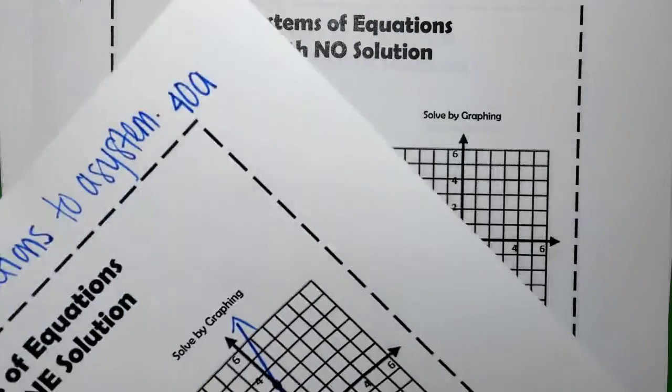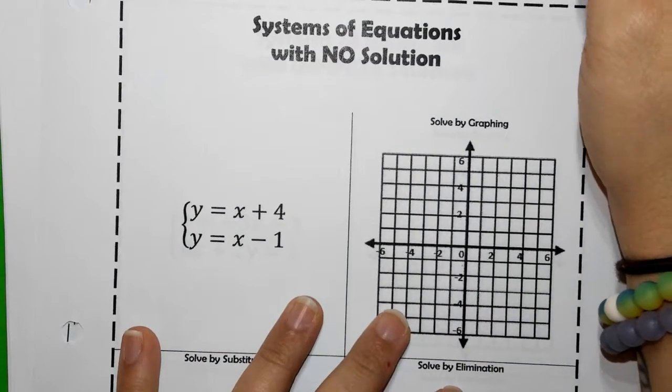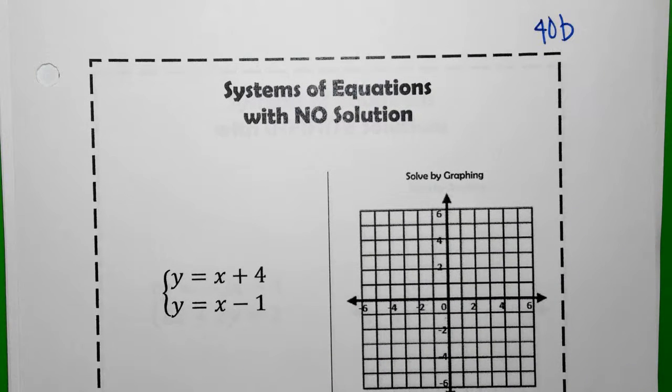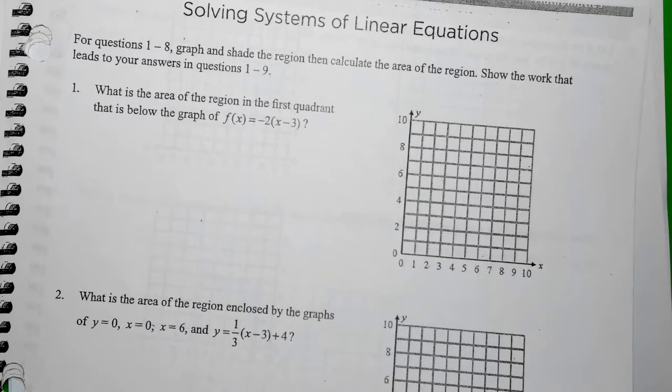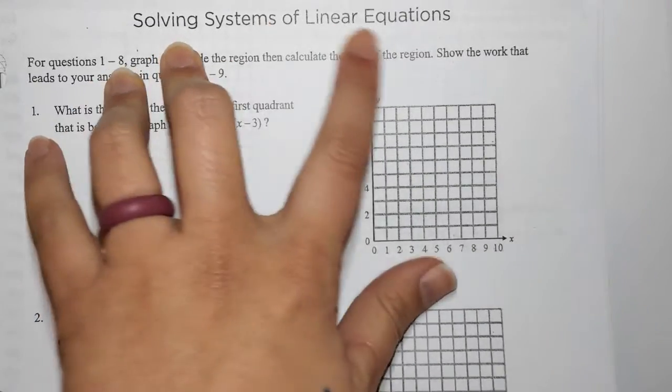Now we're on no solutions. That'll be 40B. We're going to work on that. It's your next LTF page that I gave y'all. It's in your packet. It says solving systems of linear equations.